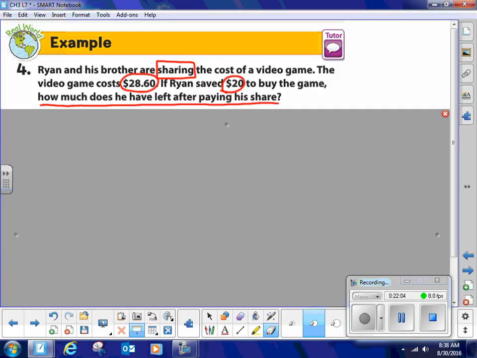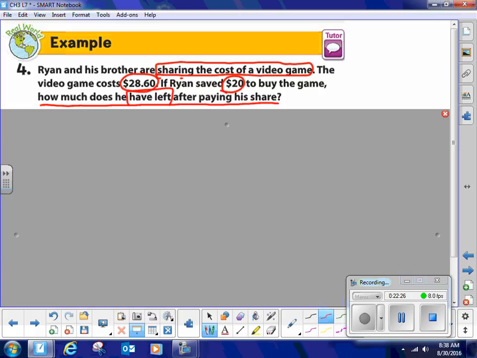Okay, here let me do more than just that. It's really sharing the cost of the video game. Okay, this means he is splitting it amongst him and his brother. Since there were 2 of them, you're going to have to take 28.6 and divide it in half. And then it is, how much does he have left?